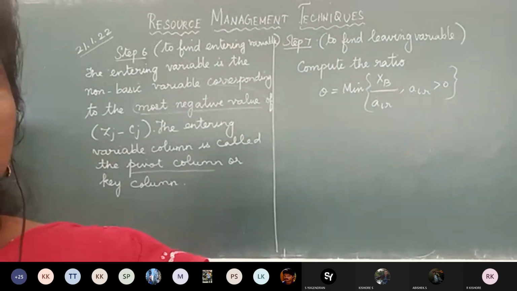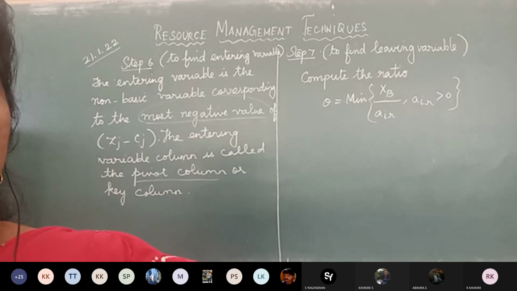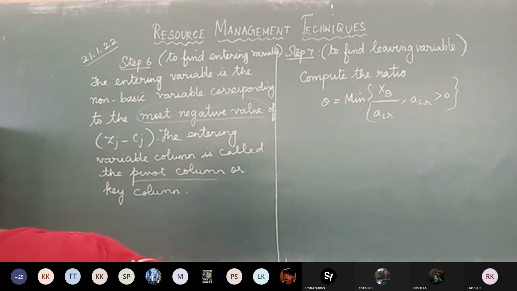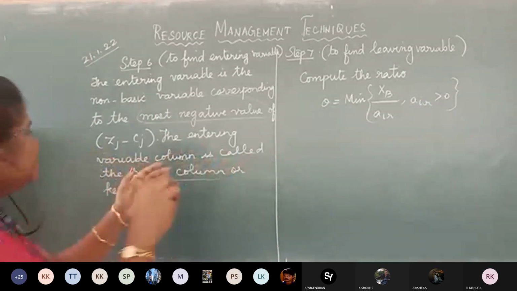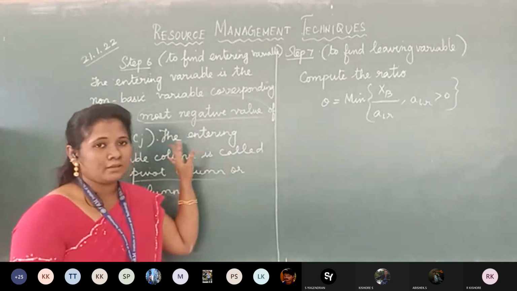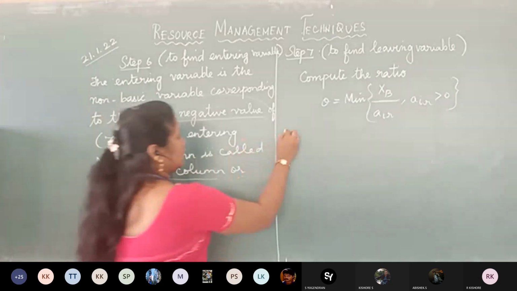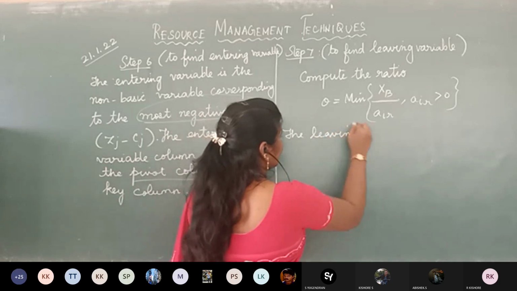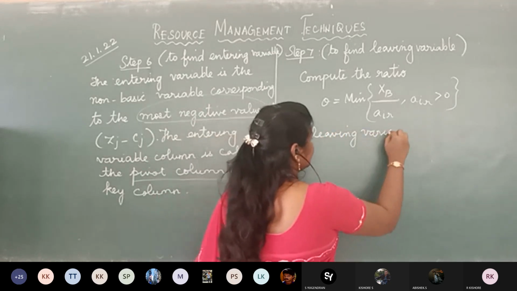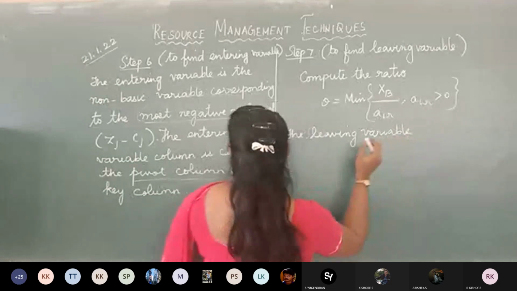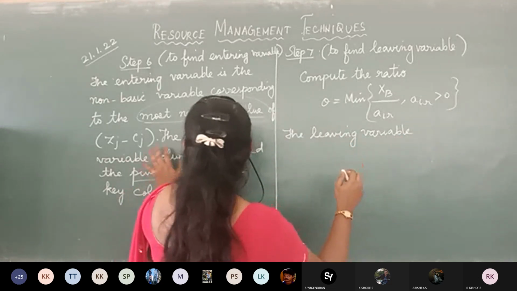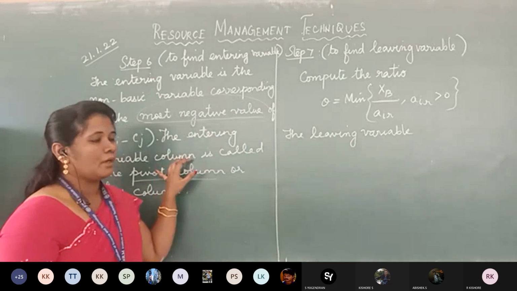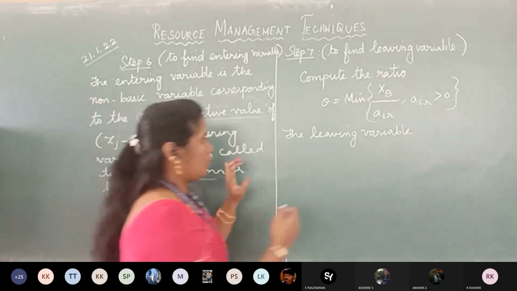Go and see now. Here this is the entering variable. Here it will be the leaving variable. Here is the entering variable column. That's the leaving variable row.